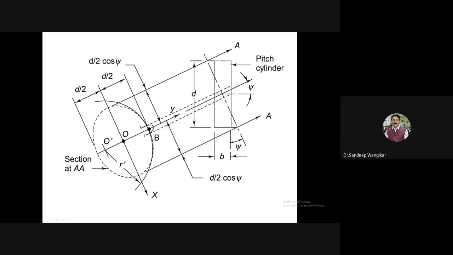Here you can see this is the plane AA, and these are our teeth, or tooth element lines. I will highlight them. These are the tooth lines.